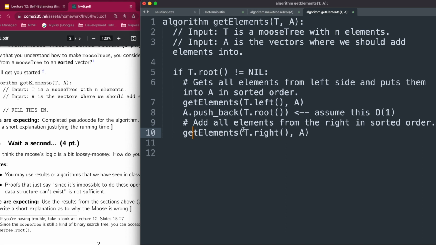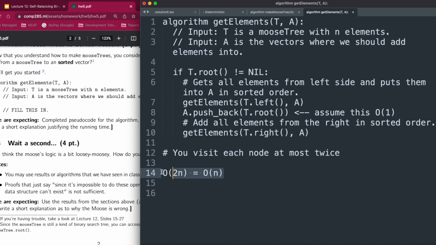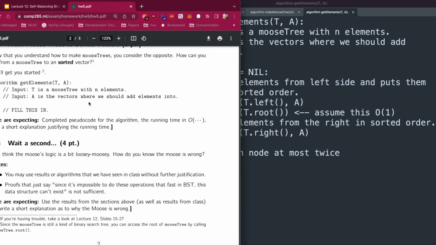But another way to think about it is that you visit each node at most twice, right? So for each node, you visit it at most twice, which means the running time in the number of nodes is 2n, which is O of n. So again, this gives you another algorithm whose running time is O of n.